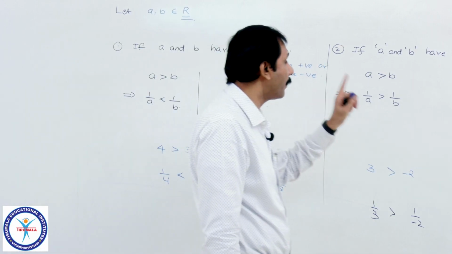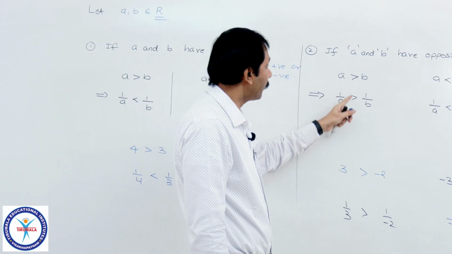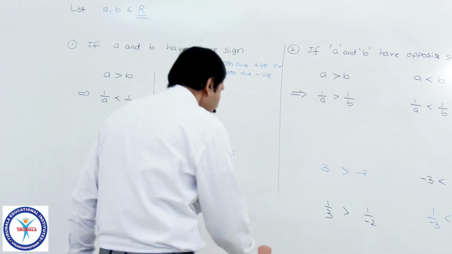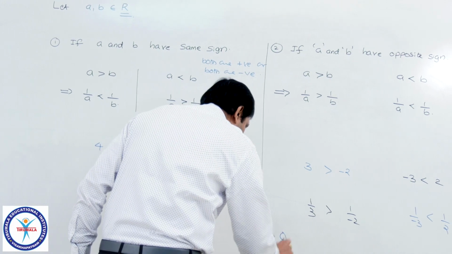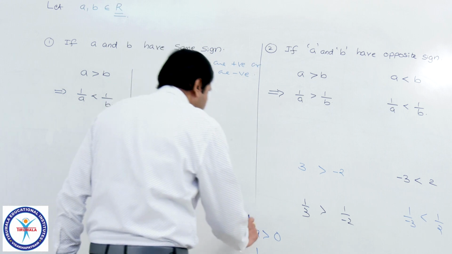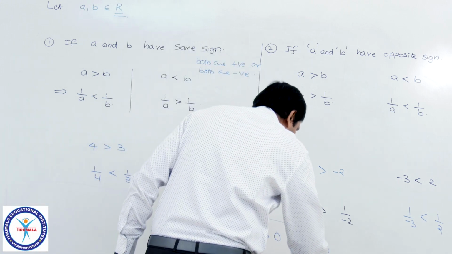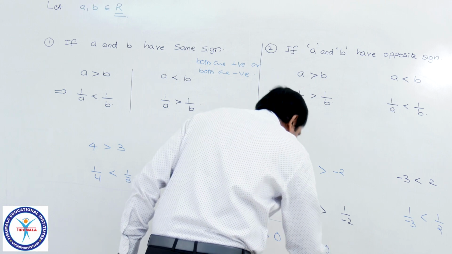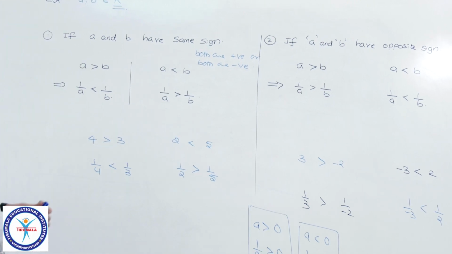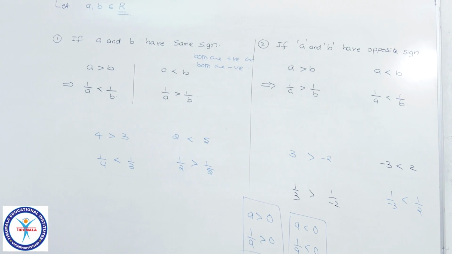Whereas if they have opposite signs, the inequality will remain the same: A greater than B means 1 by A greater than 1 by B. And observe, whenever A is positive, 1 by A is also positive. Don't write 1 by A negative. A greater than 0 means 1 by A greater than 0, or A less than 0 means 1 by A also less than 0. This is the concept we used here. Please make a note of all these points, and we will start problems after this.